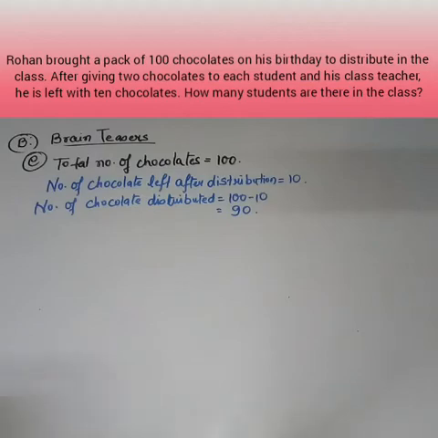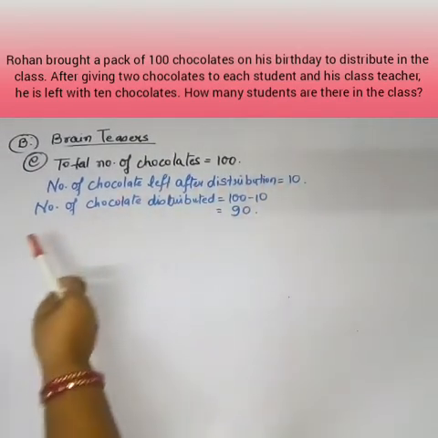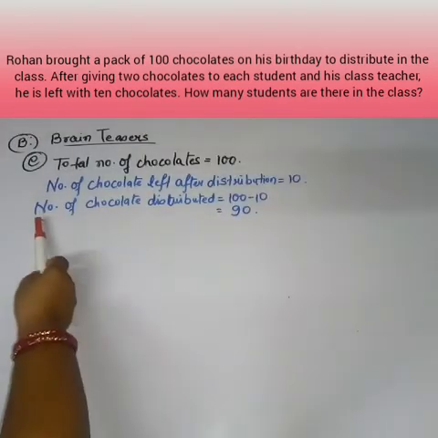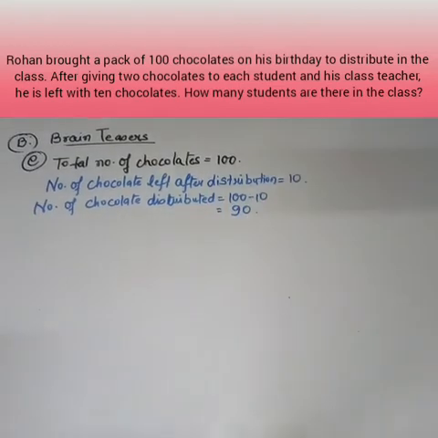So the number of chocolates left after distribution is 10, and the number of chocolates he has distributed is 100 minus 10, 90 chocolates. 90 chocolates he has distributed among his classmates and the class teacher also. The question is how many students are there in the class.